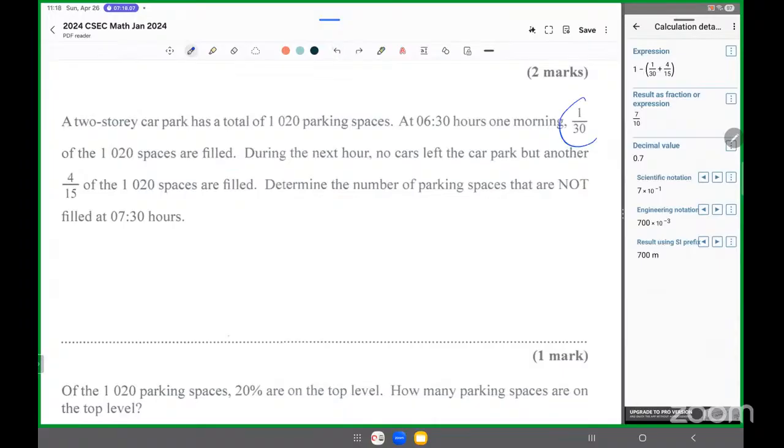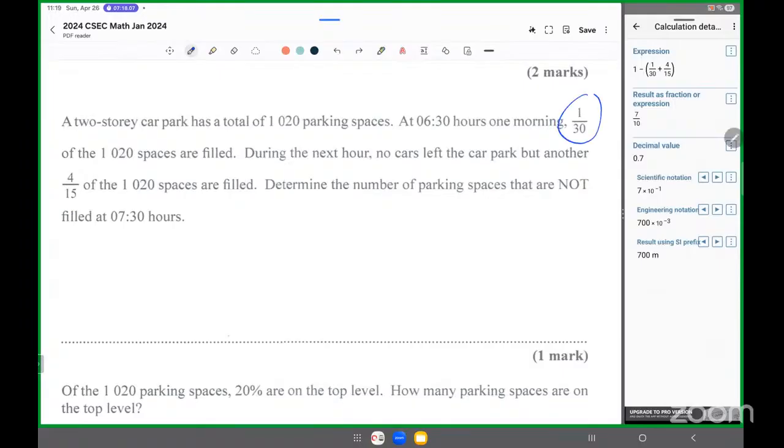During the next hour, no car left the car park, but an additional 4/15 of the 1,020 spaces was filled. So they are adding 4/15 to the 1/30 that they have so far. It says determine the number of parking spaces that are not filled at 7:30.